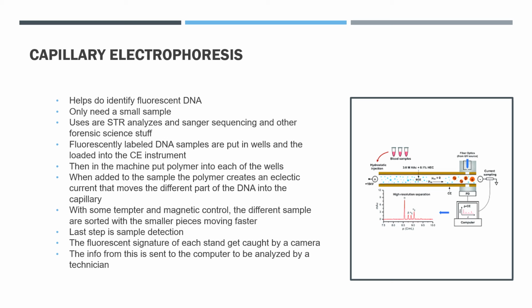In this machine, you have to have it very temperature and magnetically controlled to get the samples to move the way you need it to. You'll have your smaller particles moving faster with your heavier particles moving slower. The last step is detection. We'll detect those rates and detect what type of DNA structure that is. This is all caught on an actual camera within the machine. Then it will be put onto the computer for a scientist to analyze.